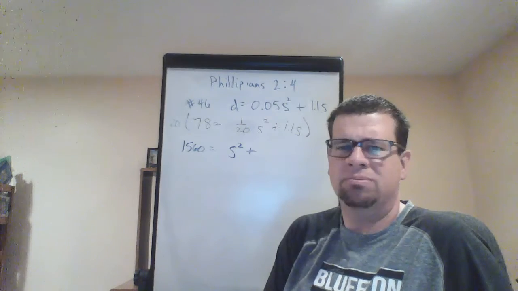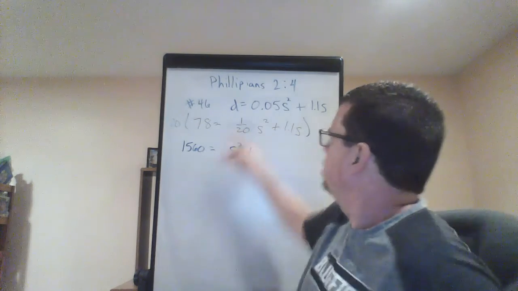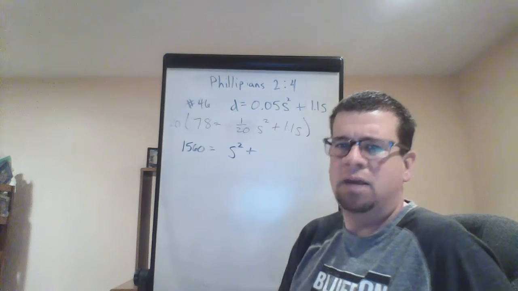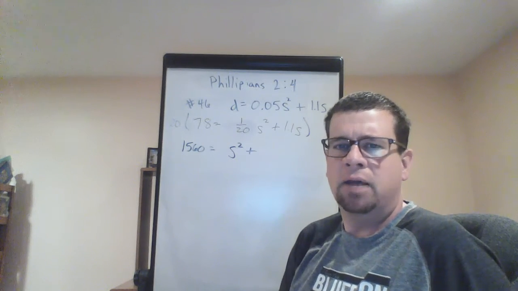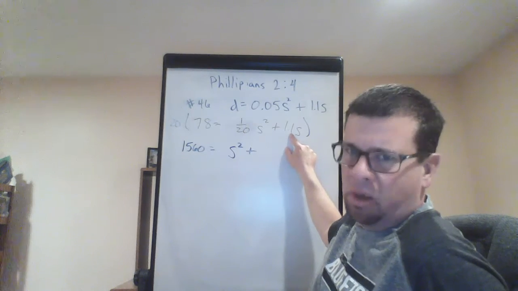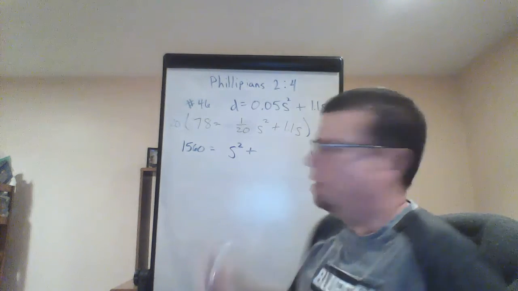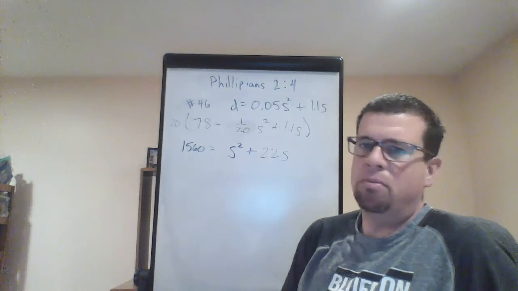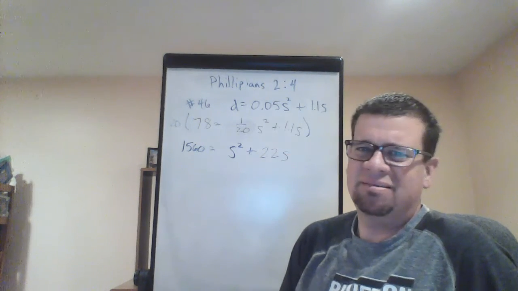Don't try this at home. Actually, do try it at home. Multiplying by 20 is like multiplying by 10, and then multiplying by 2. If I multiply that by 10, that'd be 11, and then multiply it by 2 more, that'd be 22. So that's 22s. If you don't believe me, you can check it, but that hurts a little bit.